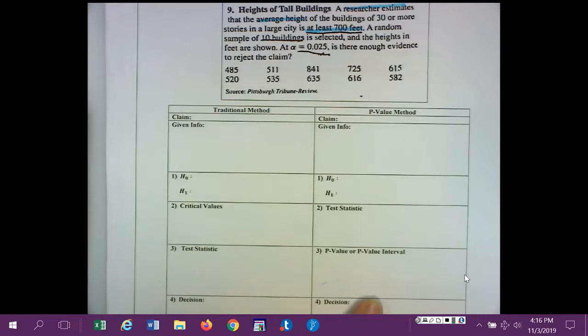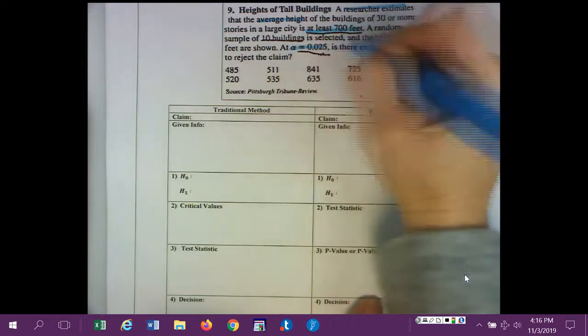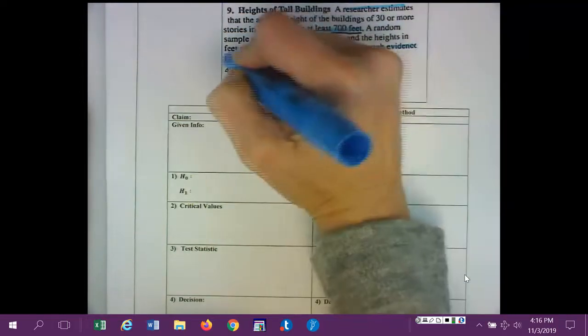Let's see. A random sample of 10 buildings is selected and the heights in feet are shown below. At alpha equals 0.025, is there enough evidence to reject the claim? Now let's read that again. At alpha equals 0.025, is there enough evidence to reject the claim?